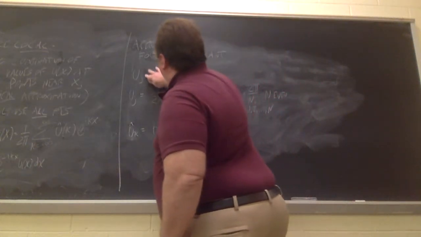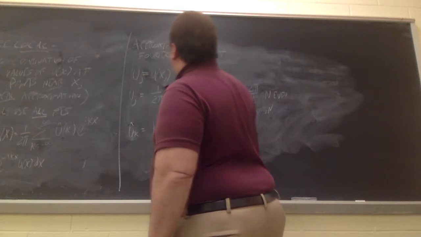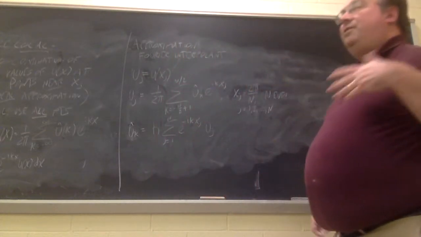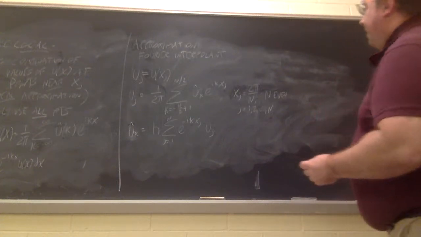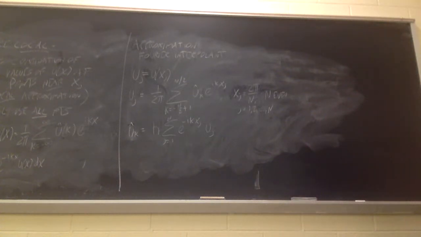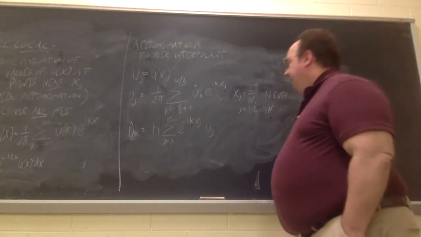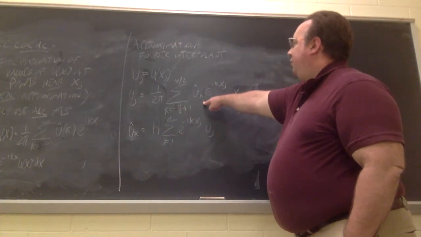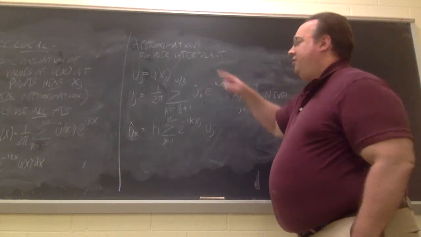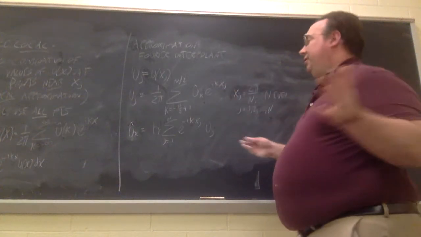Actually, I should say not even approximately equals. It is exactly equal at those points. It's just an approximation of u elsewhere. So these coefficients are chosen so that this interpolant will exactly match u at least at those grid points.